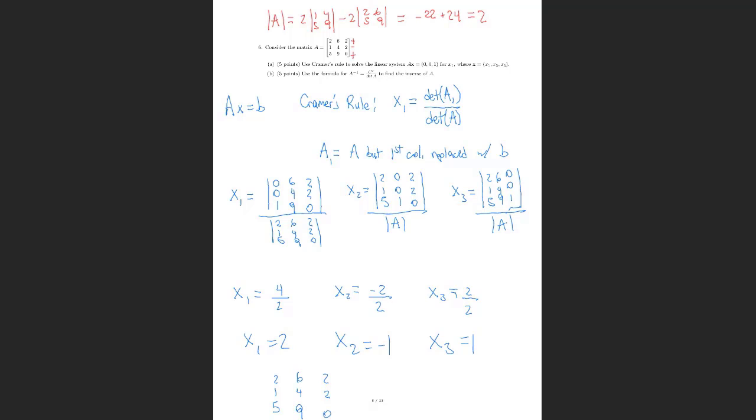So here's A, and this was B. We can check: 2 times x1 plus 6 times x2 plus 2 times x3 does equal 0. And so on and so forth if you wanted to double check your answer, okay? So that would have been Cramer's rule.